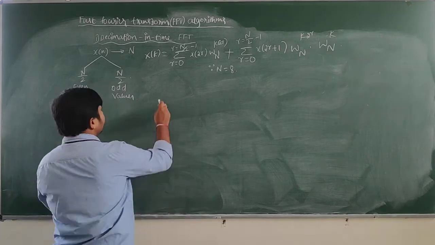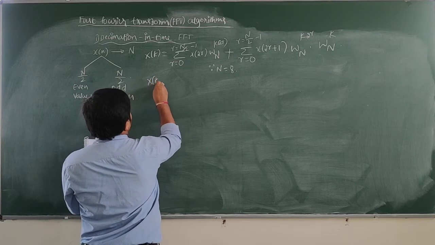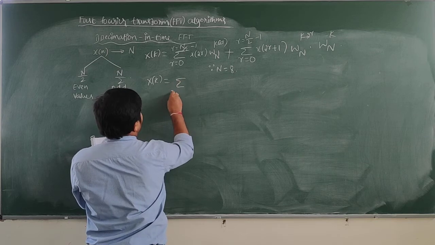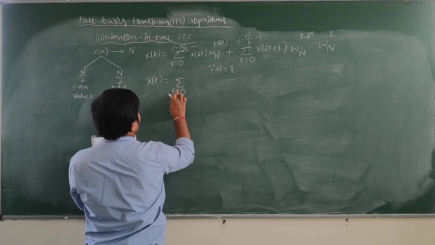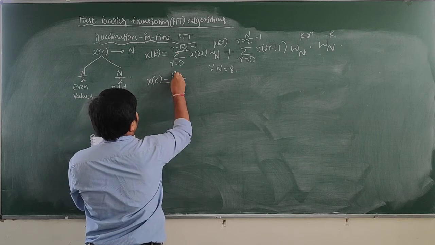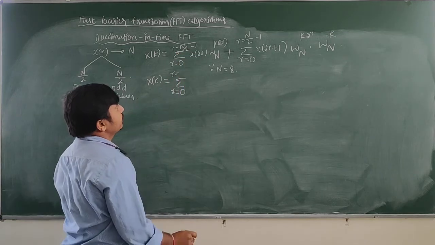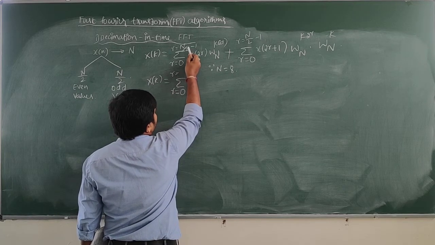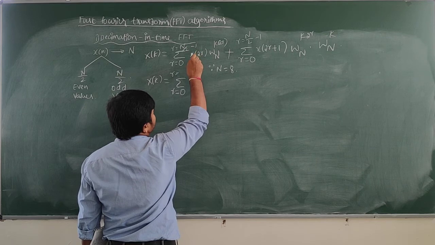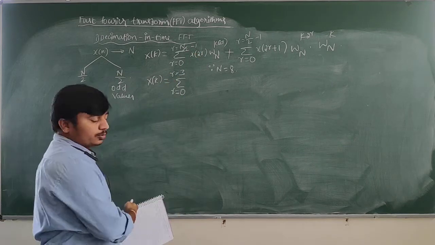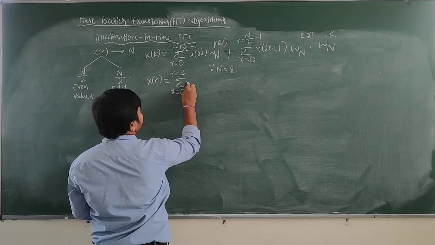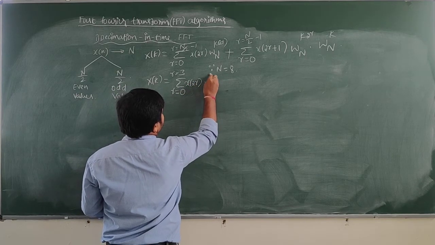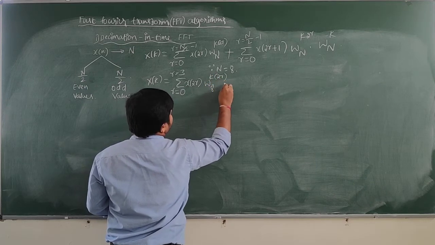Okay, so we get, therefore, x of k is equal to summation r is equal to 0. So upper limit is r is equal to n by 2 minus 1 is there. So n is 8. So 8 by 2 is 4, minus 1 is 3. 0 to 3. Okay. So x of 2r into W8 power k into 2r plus.